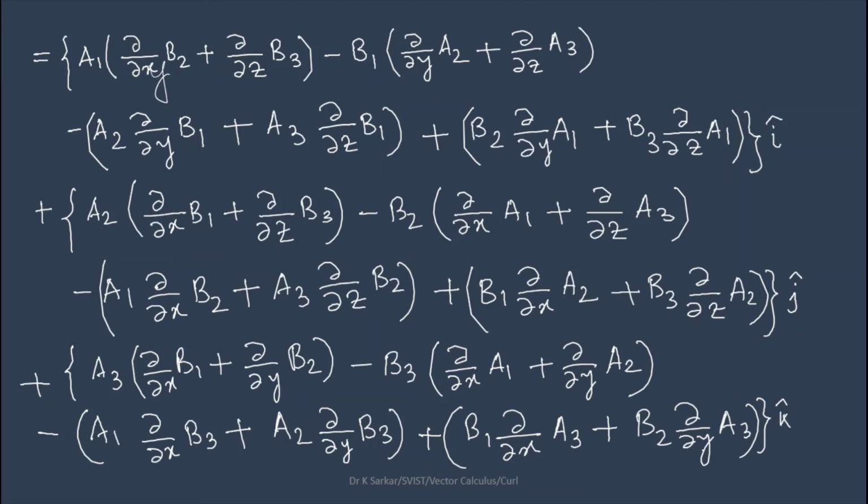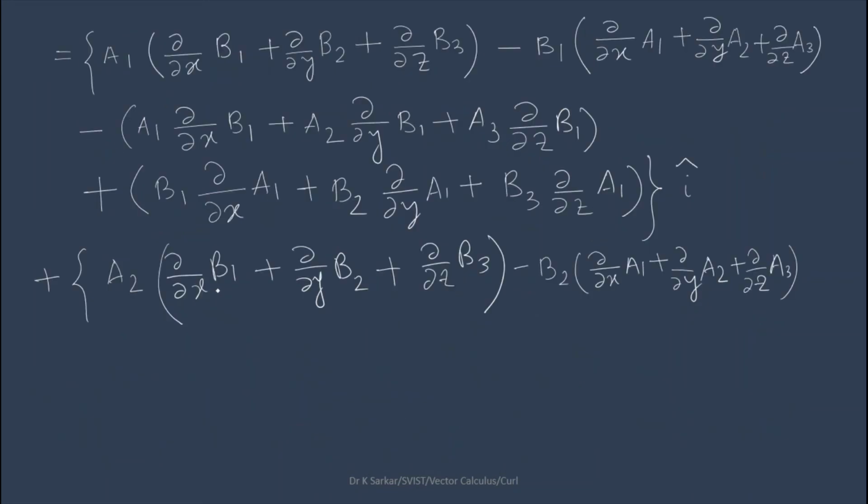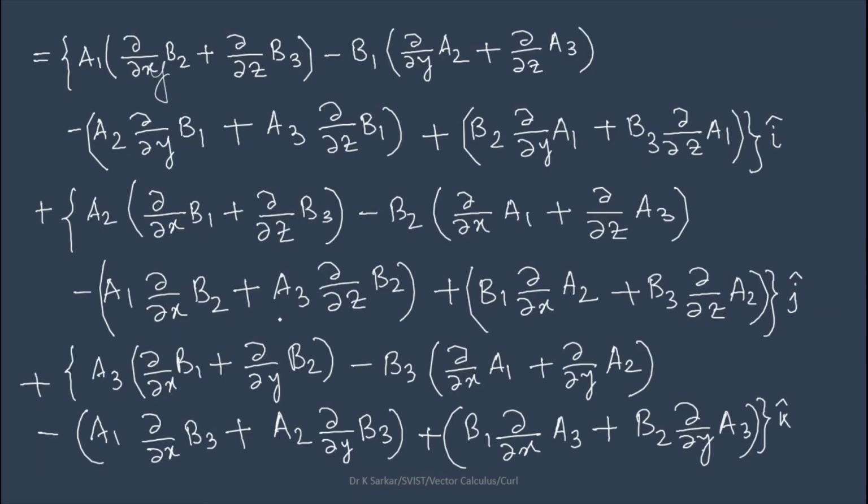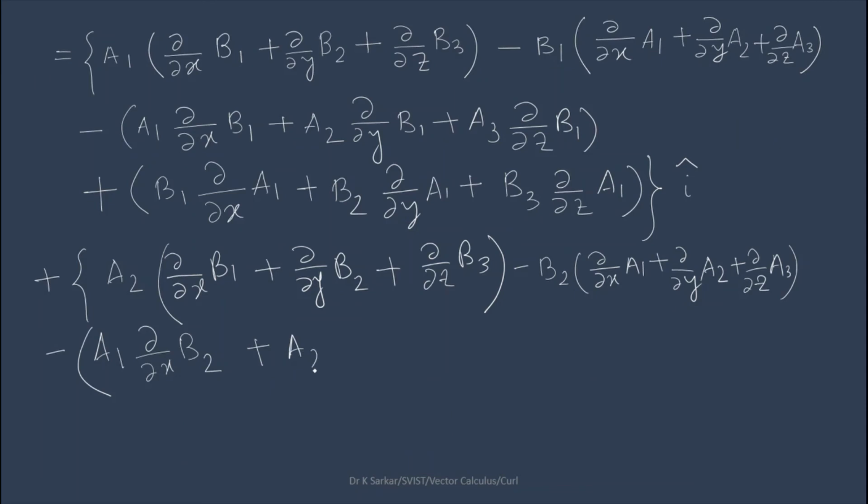So minus a1 del x b2, then plus a2 del y b2, and then plus a3 del z b2. Okay.